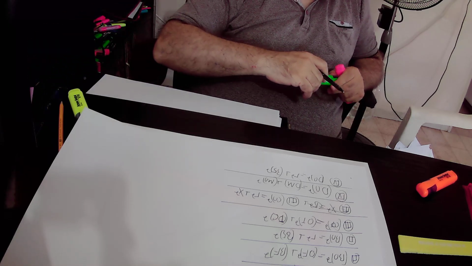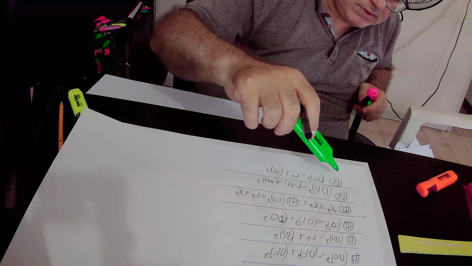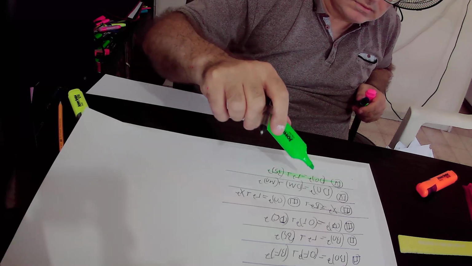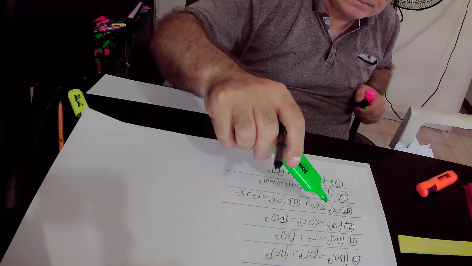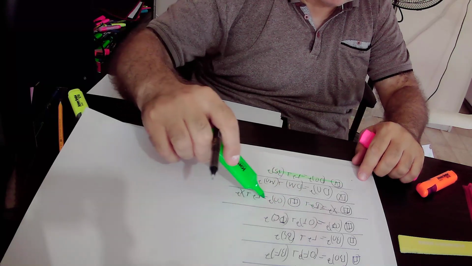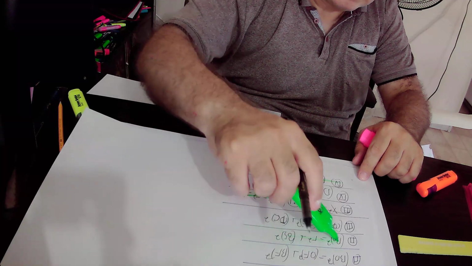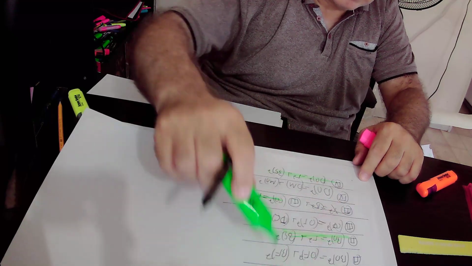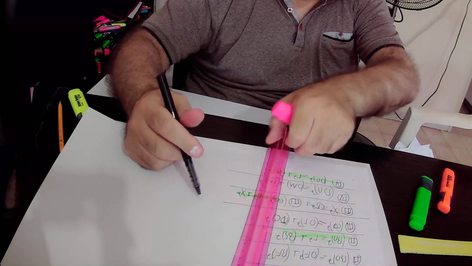In the next step, I will copy the 4 equations that we got from the Pythagoras theorem. So here are the 4 equations.